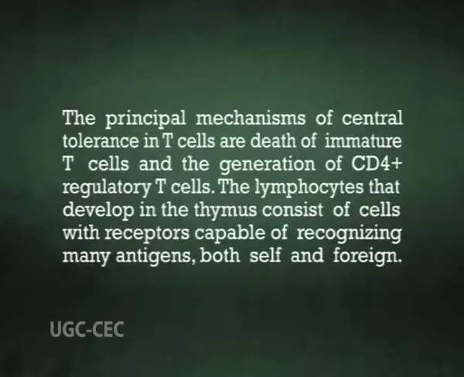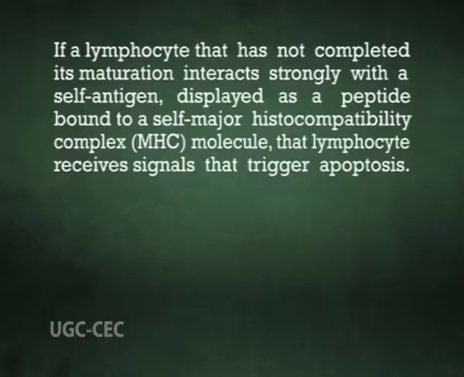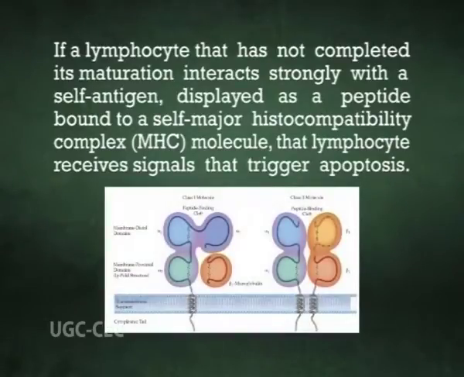The lymphocytes that develop in the thymus consist of cells with receptors capable of recognizing many antigens, both self and foreign. If a lymphocyte that has not completed its maturation interacts strongly with a self-antigen displayed as a peptide bound to a self-major histocompatibility complex (MHC) molecule, that lymphocyte receives signals that trigger apoptosis.